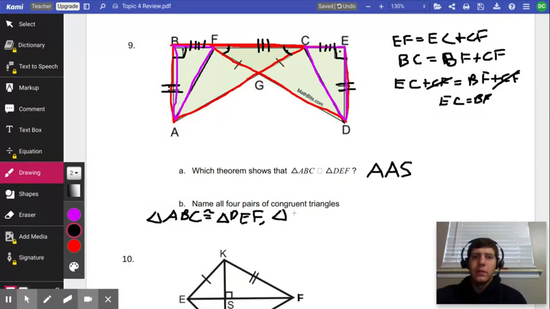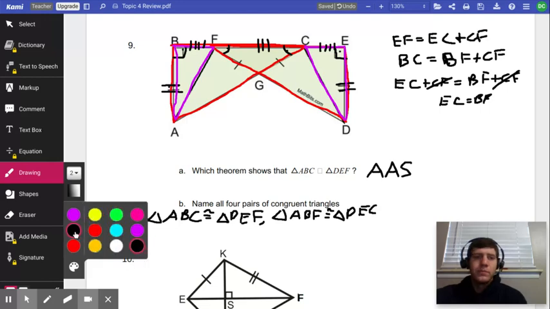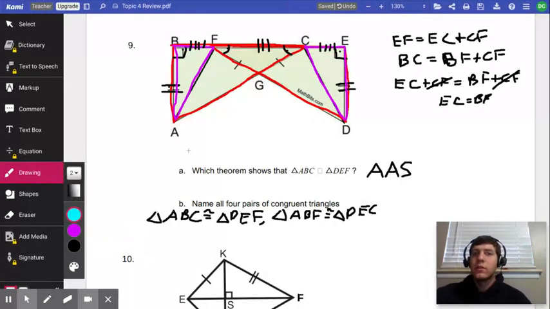But ABF would be congruent to triangle DEC. Okay. So then again, all their corresponding parts are going to be congruent, right? So we know all their corresponding parts are congruent as well.